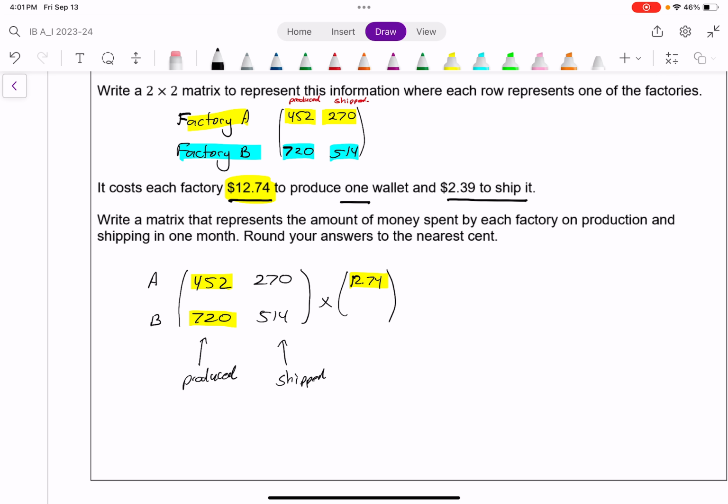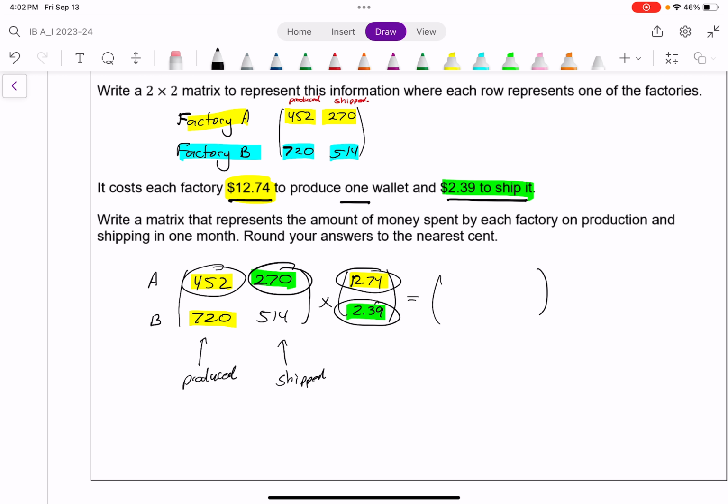And if I put the $2.39 here for the shipping costs, notice that it'll be multiplied by these. If I perform the first step, I'll go 452 times $12.74 plus 270 times $2.39.